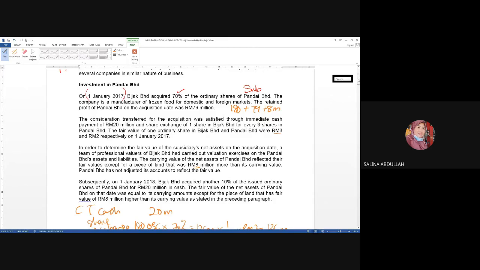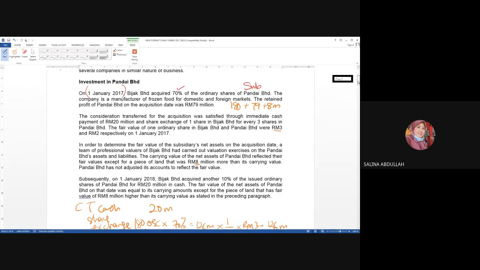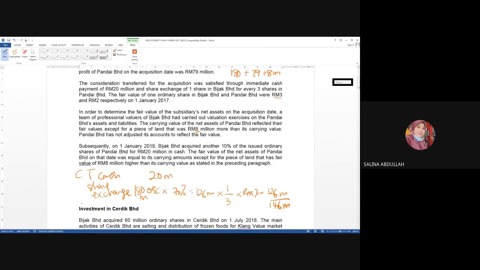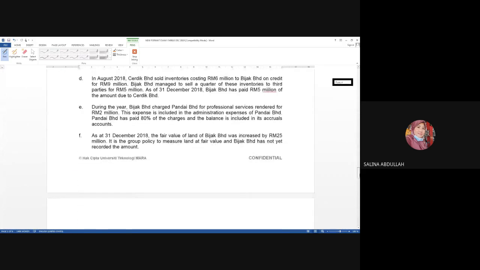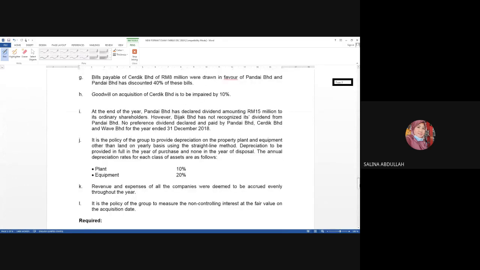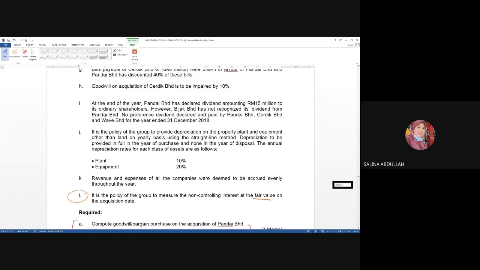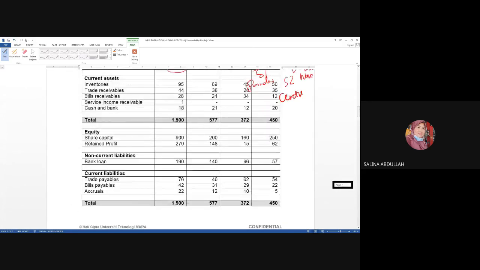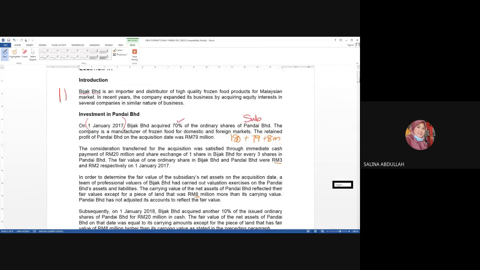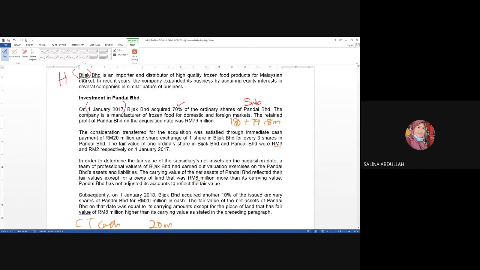Then you calculate NCI. NCI is given at fair value. As you can see from additional information number 1 here, NCI measured at fair value. So how do you calculate NCI in this question? When NCI is at fair value, NCI will be how many units belong to NCI, because you will calculate at fair value of 2 ringgit.